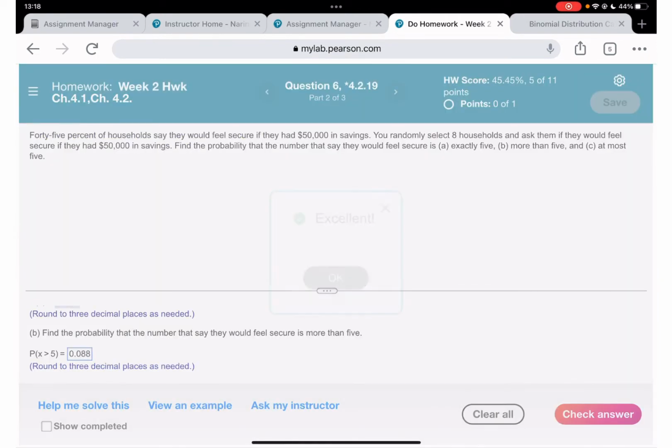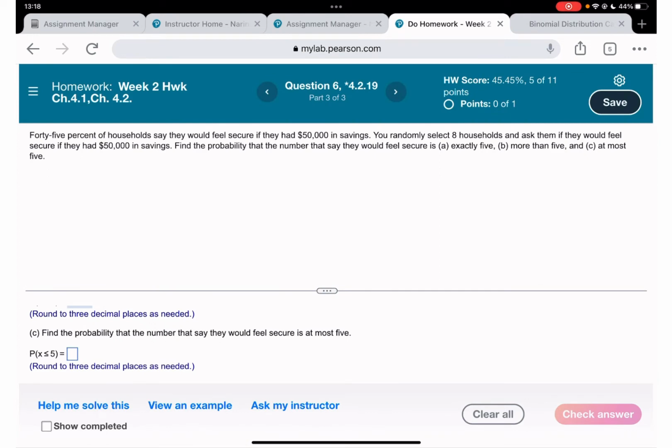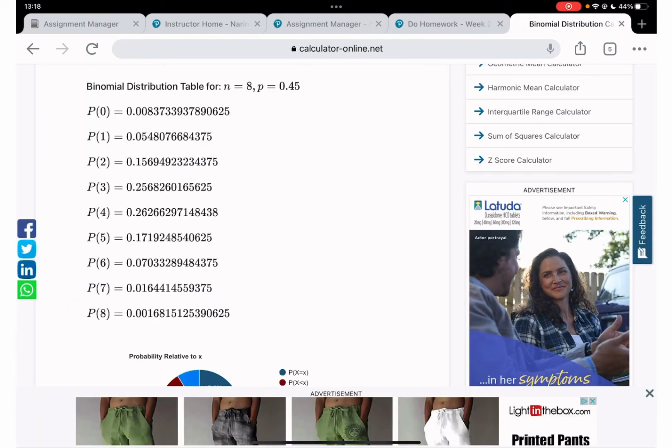Excellent. Okay, next we need to find less than or equal to 5. I would suggest either adding from 0 all the way to 5, or the easier way: since we know 6, 7, 8, and the total is 100%, if I take 1 and subtract the probability of 6, 7, 8, I will get 0 to 5.